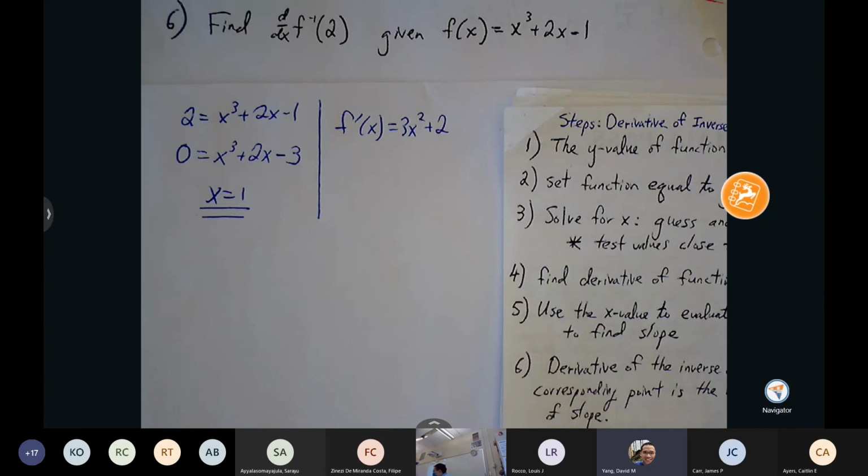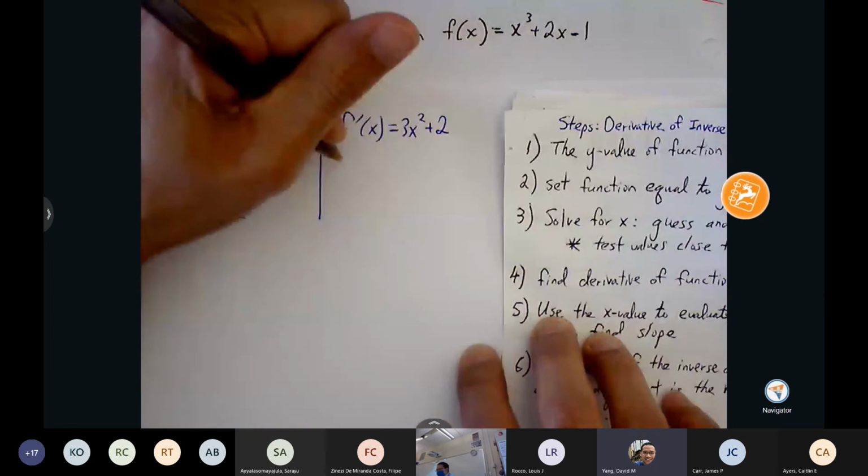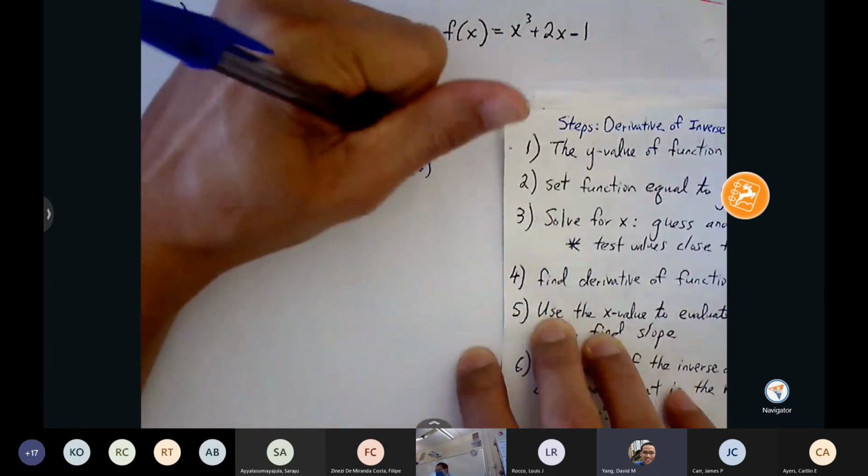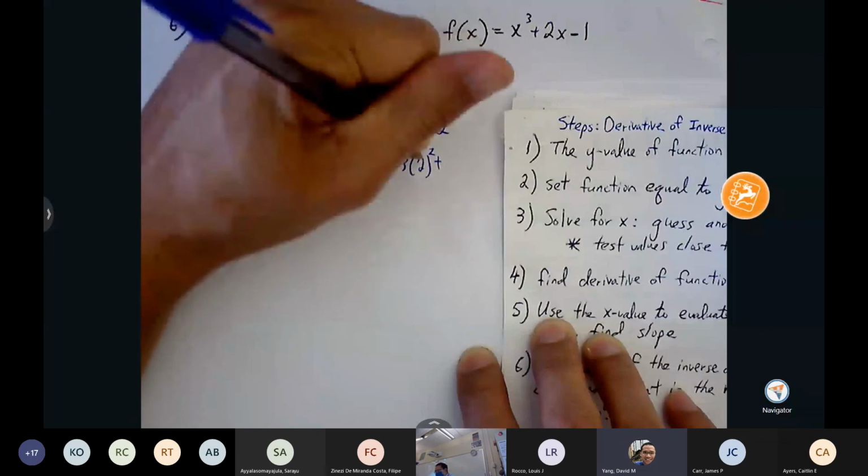What can we do with the derivative now? Plug the 1 in, and that'll get us the slope, right? Oops, 1 squared.